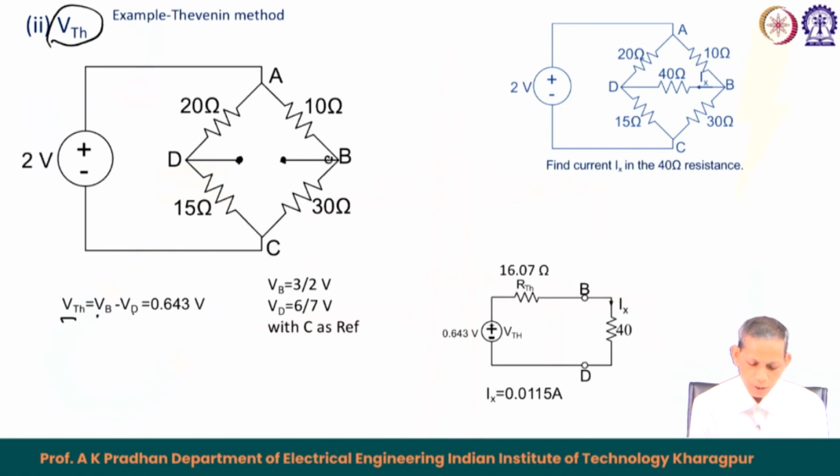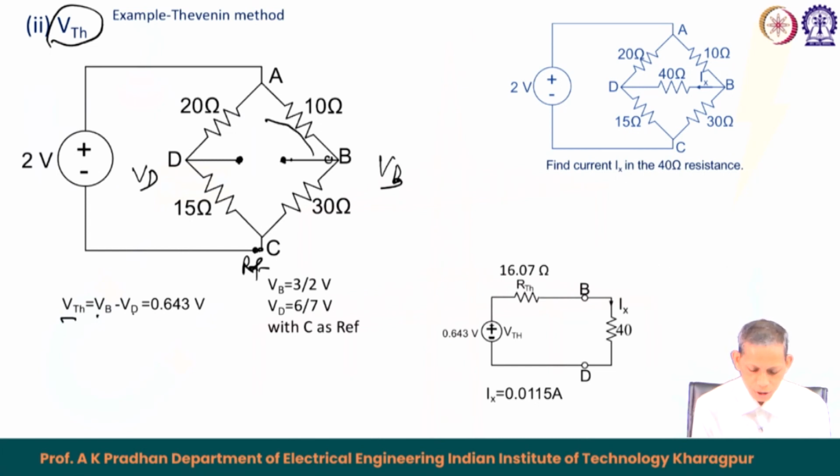So, V b minus V d. Let us say C is your reference. With respect to reference C I will find B potential V b, and with respect to C I will find V d. How? If we apply this keeping it open, it simplifies the problem.